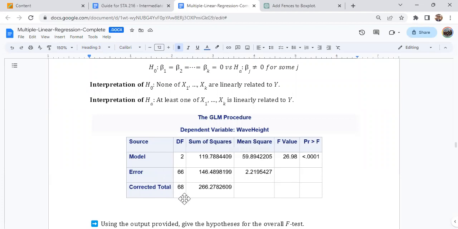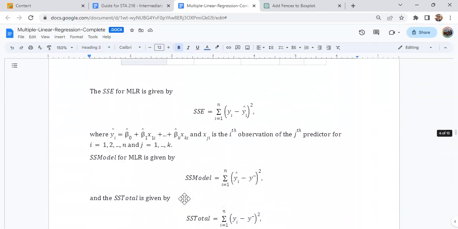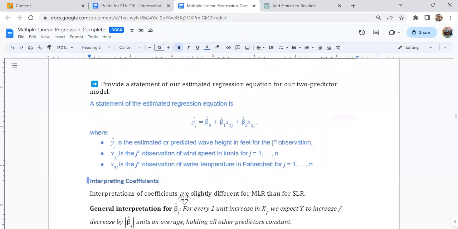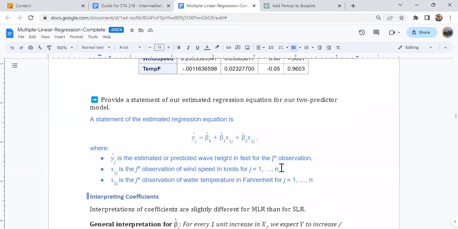So we have 69 observations here. So instead of n, we should say 69 observations. And then what else do we want to update for the estimated equation?